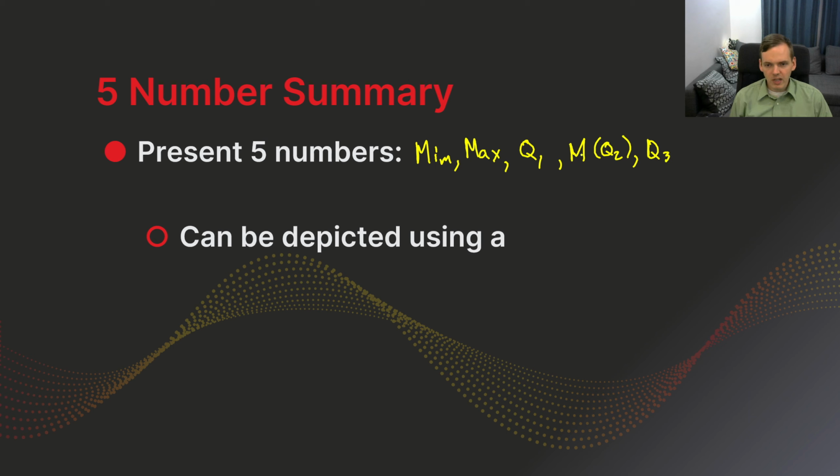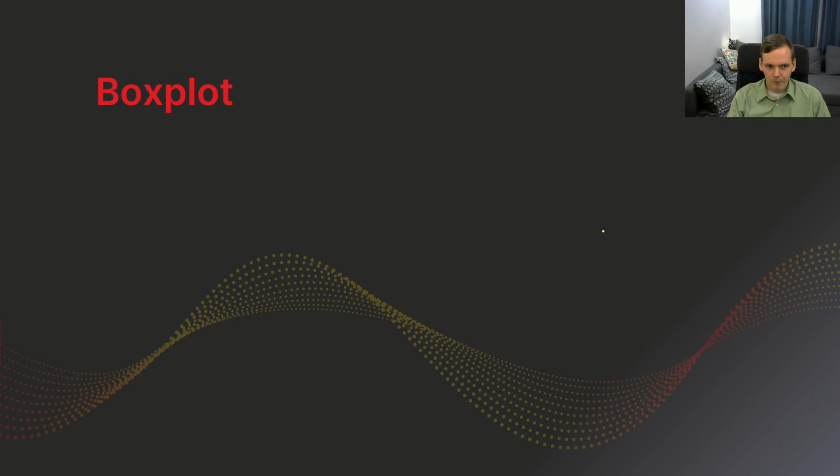So this gives us a rough idea of the shape of the data, and this can be depicted using a box plot, or sometimes called a box and whisker diagram.